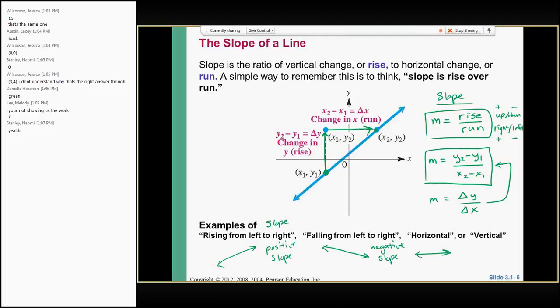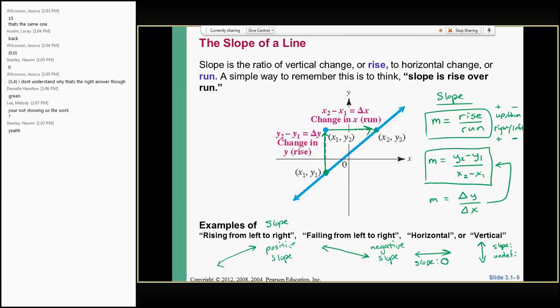Horizontal. Does anybody know what kind of slope a horizontal line has? It's actually 0. And a vertical line, does anybody know what the slope of a vertical line is? Undefined. Very good, very good. Thank you, John.